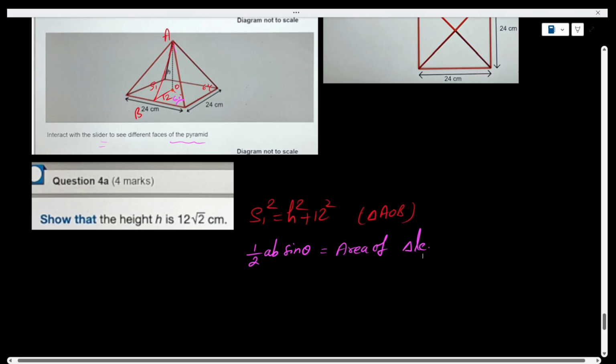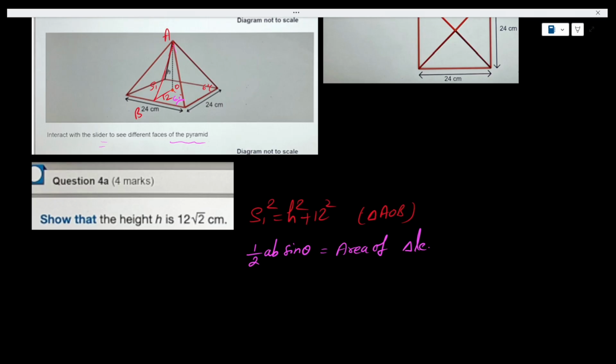I know the base and AB are both 24, so half times 24 times 24 times sine 60 you can equate with half base into height, which is your S1. Because there are two unknown values, you can't directly use Pythagoras theorem. You must have the S1 value, which is the slant height, and then only you can calculate.